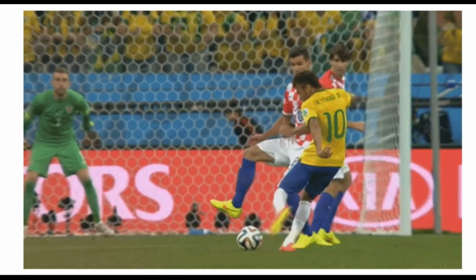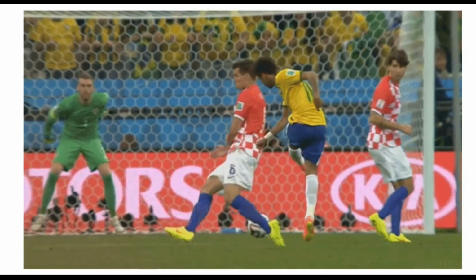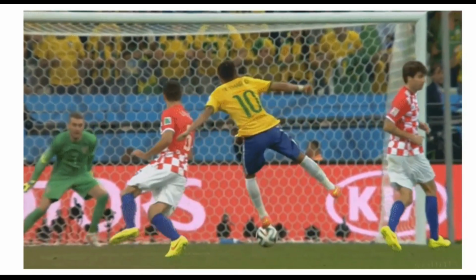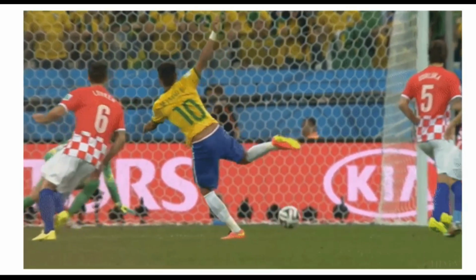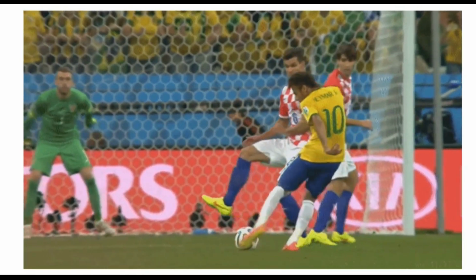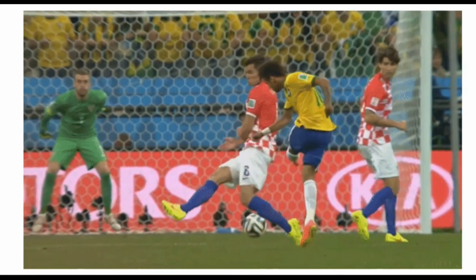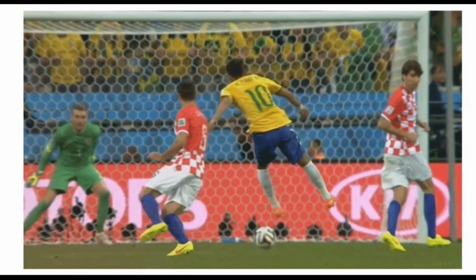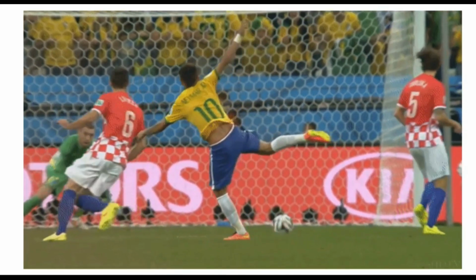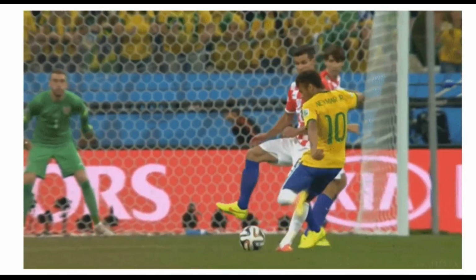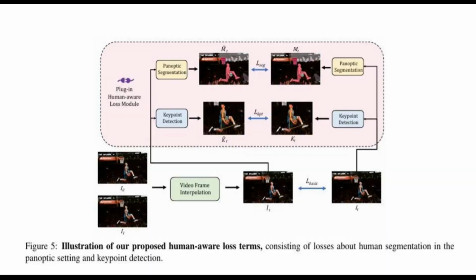The researchers tested several state-of-the-art interpolation methods on SportsSloMo, only to find that their accuracy dropped compared to other datasets. This highlights just how challenging human motion interpolation is. To tackle this, they introduced two human-aware loss functions that improve accuracy.